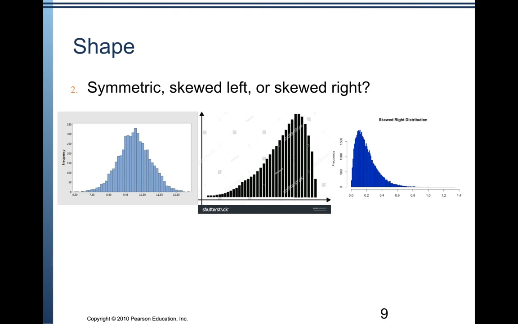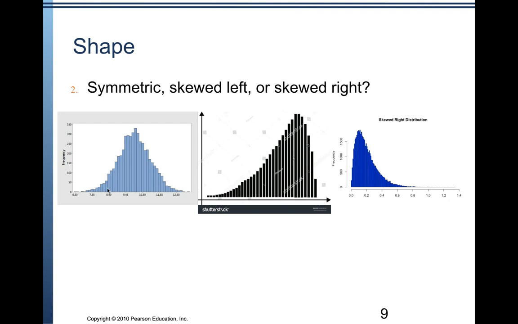The other thing we want to talk about when we describe the shape of a set of data is not only how many modes it has, but also whether the data is symmetrical or not. I know you all know what the word symmetric means. Data is symmetrical, meaning you can fold it on itself.